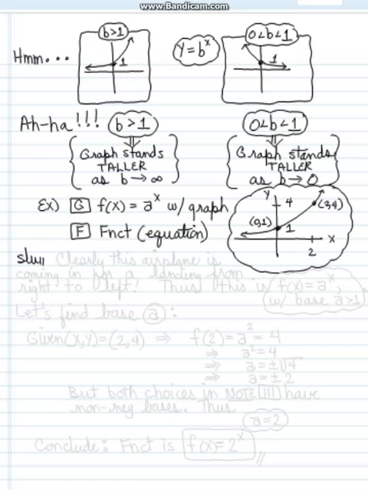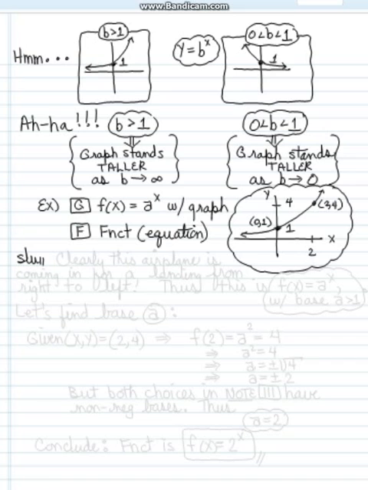It's still going to be making a landing on the left side onto the x-axis, but it's going to stand up more alert, stand up taller. While on the right side, for the graph that has the base as a fraction or a decimal between 0 and 1, as the base value gets closer and closer to the smallest number, 0, the graph is going to be standing up taller in that case. Okay, so that's something you want to think about. That'll help you do sketches.